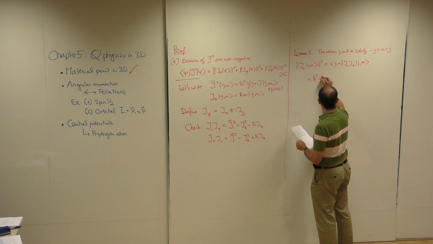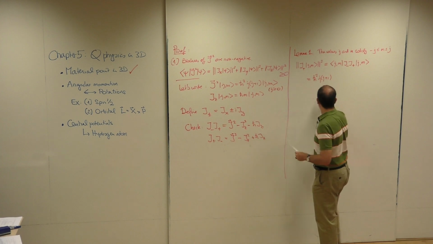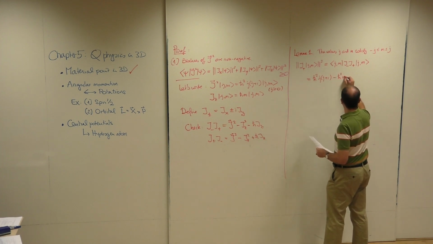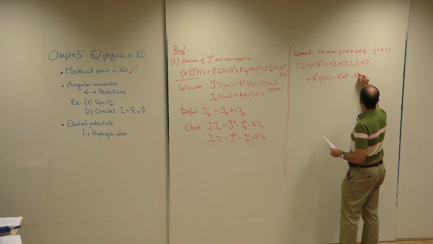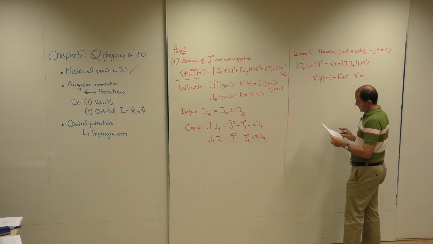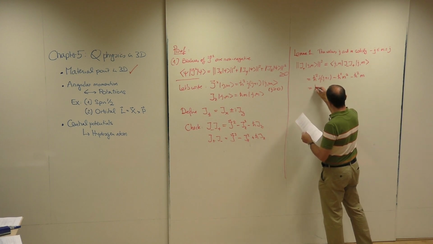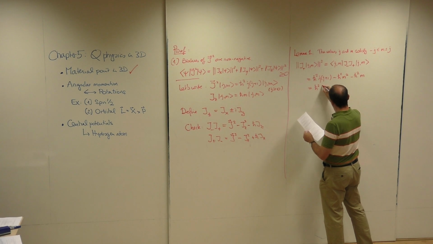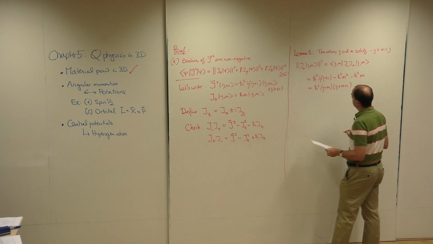h bar square j plus 1 for this, minus h bar square m square for this, minus h bar square m for that. And you can check that this is written like h bar squared j minus m, j plus m plus 1.